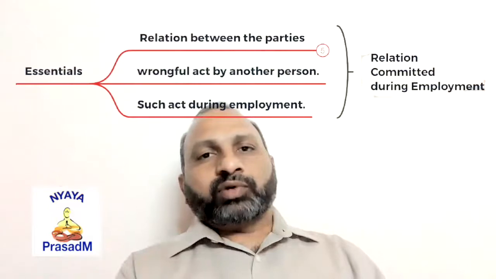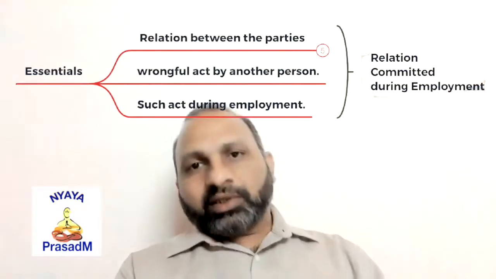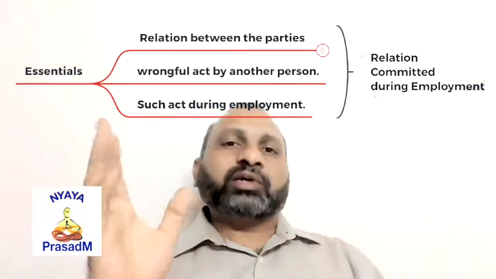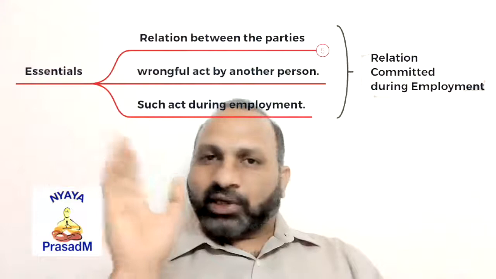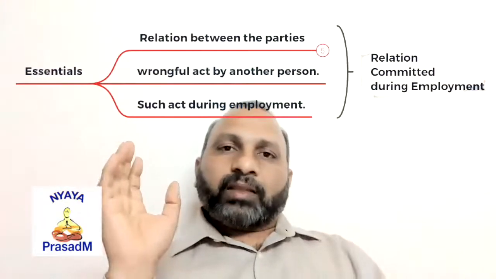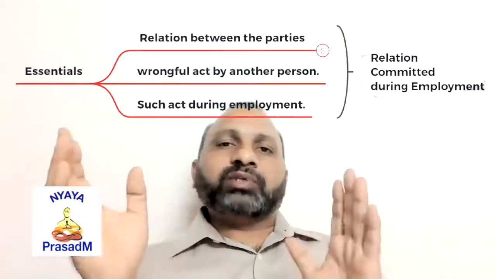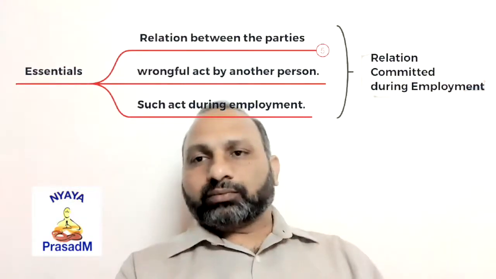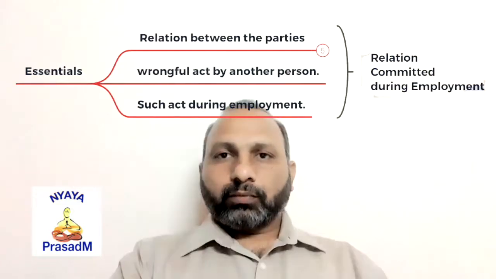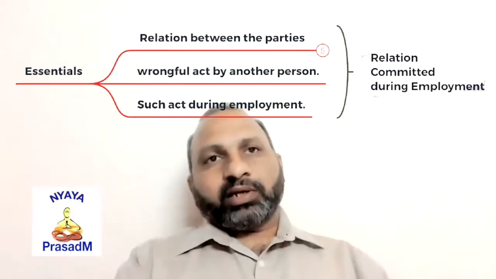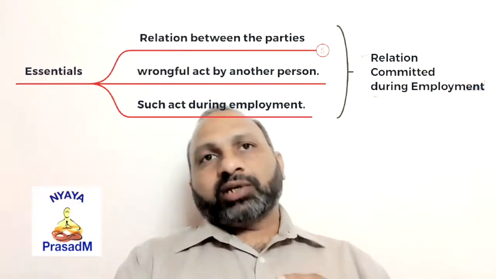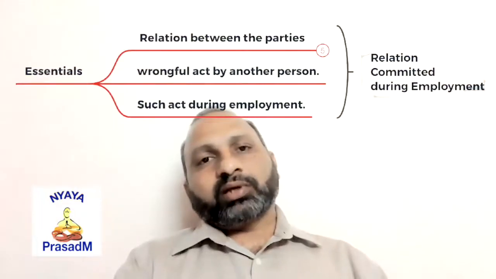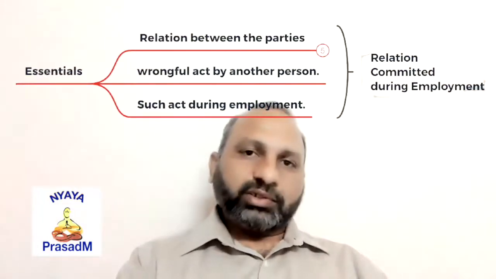If you look into it, all these relations are connected with a certain kind of employment. In the event of owner and independent contractor, the contractor is working for the owner. In the event of principal and agent, the agent is working for the principal, or the principal has committed something wrong or omitted something towards the agent.